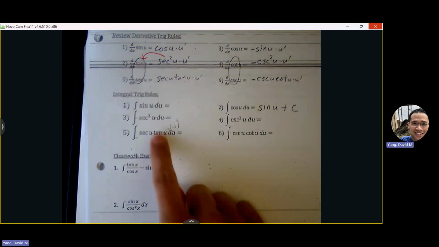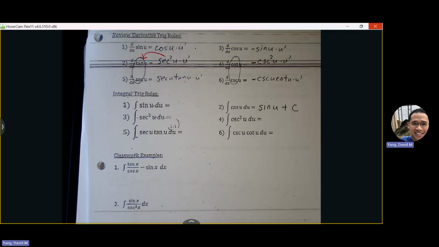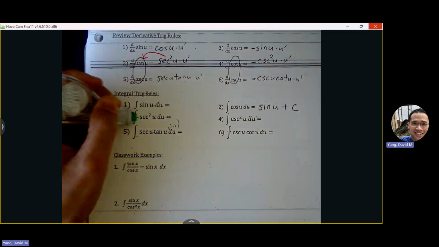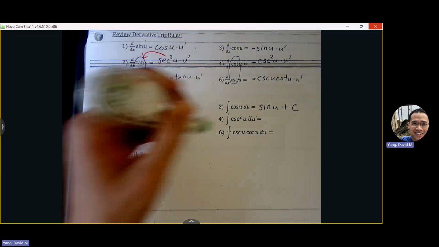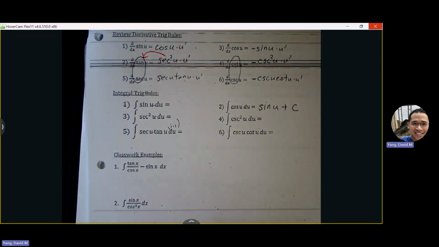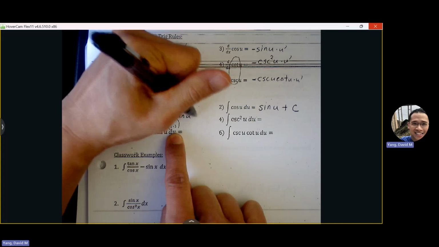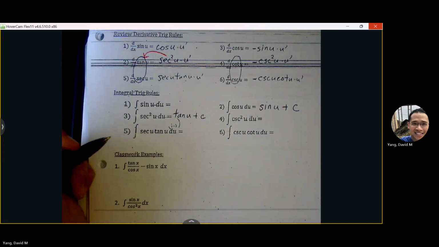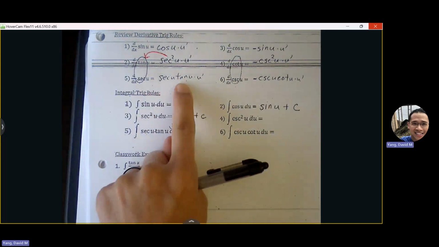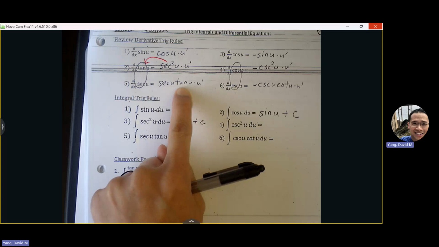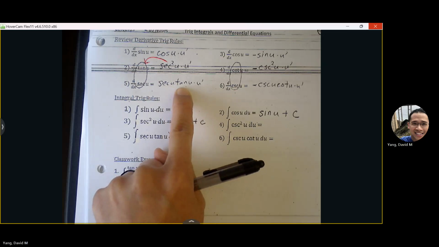So we find that rule here. Sorry, I didn't mean for it to look like all these negative signs here. These are all stray marks. So the antiderivative of secant squared is just tangent of u plus c. All right, what's the antiderivative of secant u tangent u? Just secant, yeah.